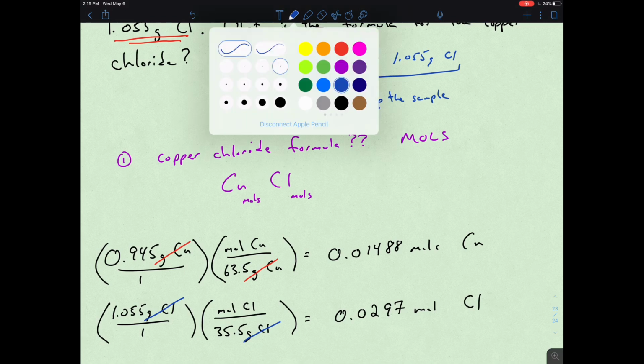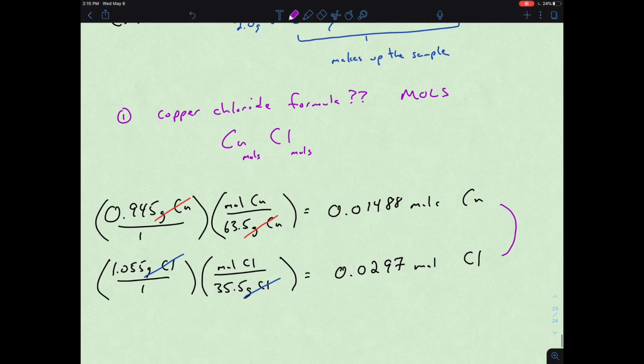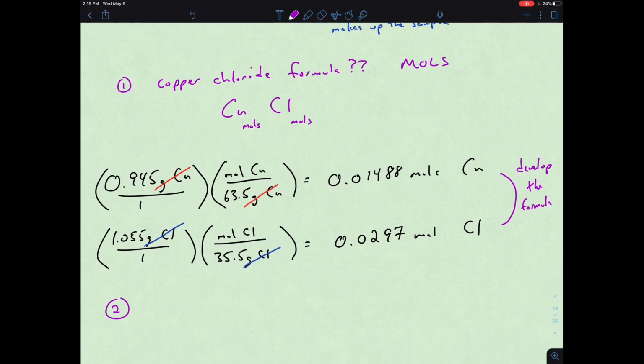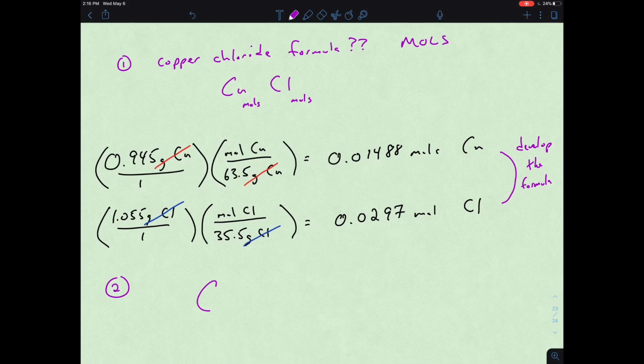So this is what now allows us to develop the formula. And that's really step 2. Now we know we have copper. Well, we have 0.01488 moles of that copper.